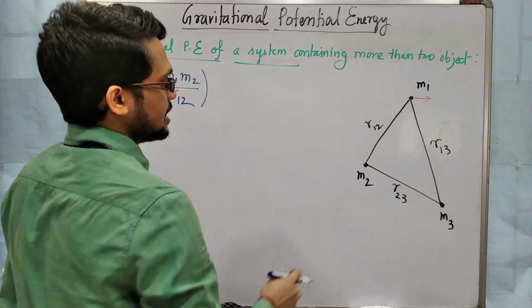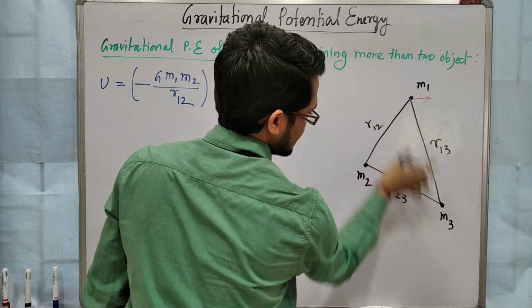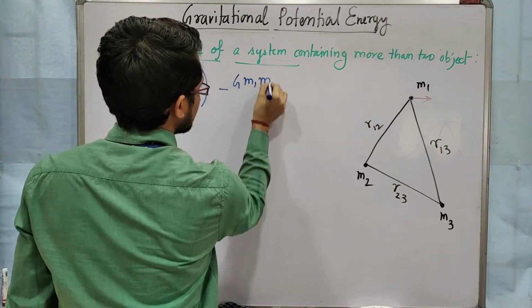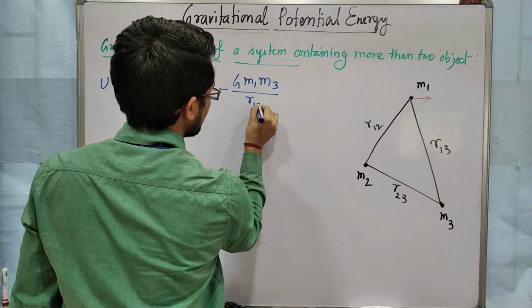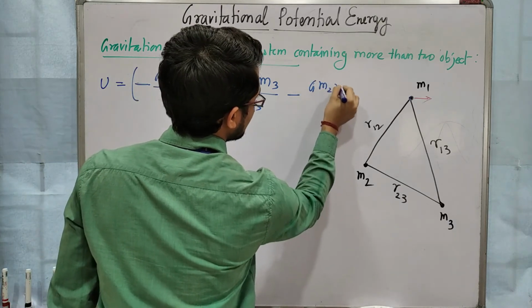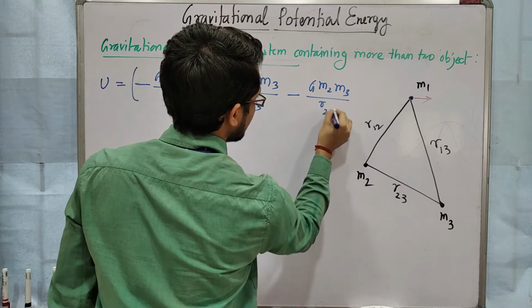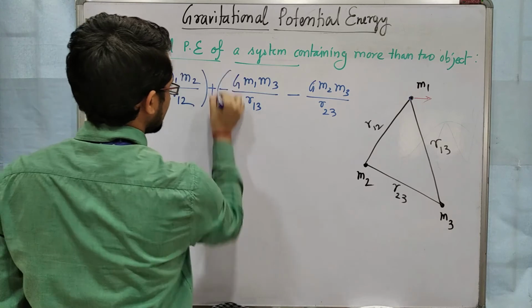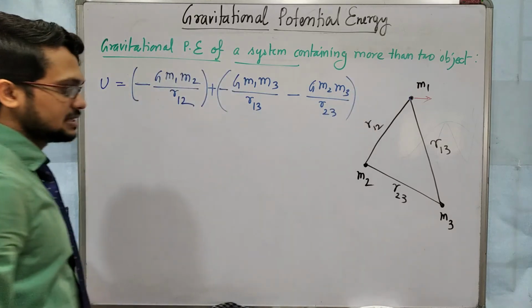If I take this combination first, we get minus G m1 m3 by r13 and minus G m2 m3 by r23. Clear? Here put a plus sign because at the end we are adding all the potentials.